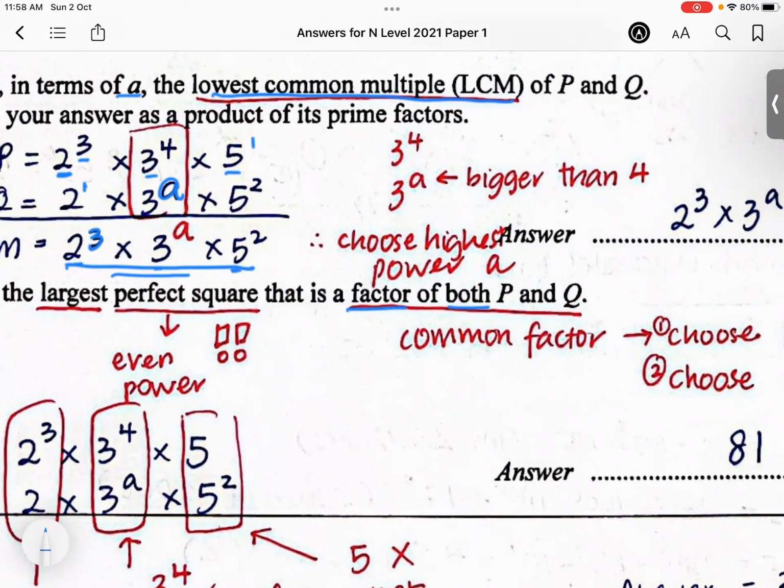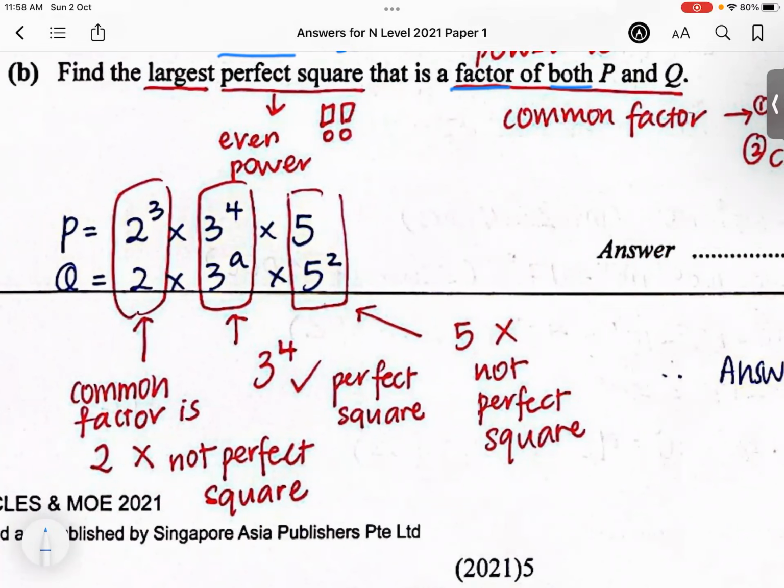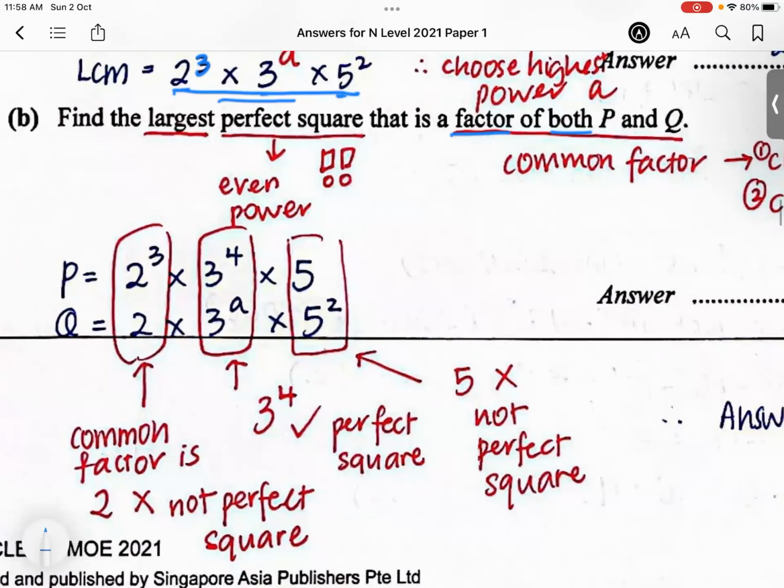But in this case, they not only want the common factor with the lowest power, they want you to find, of this common factor, the largest perfect square. So that means I not only want to find a common factor, it must also be a perfect square.